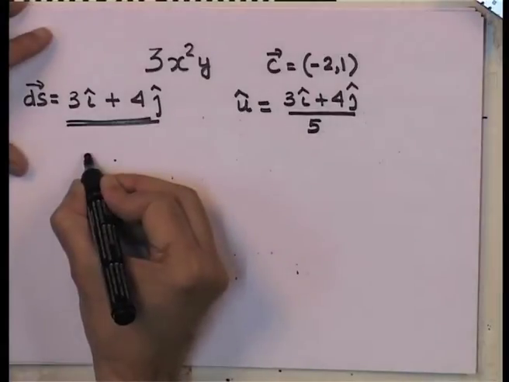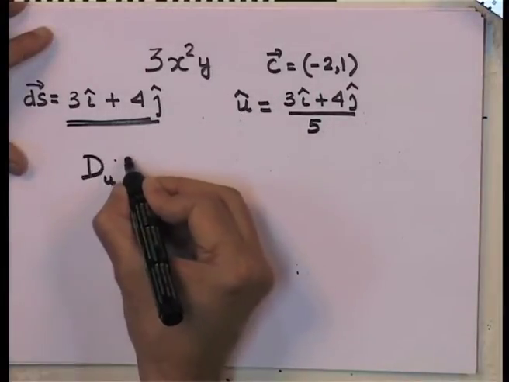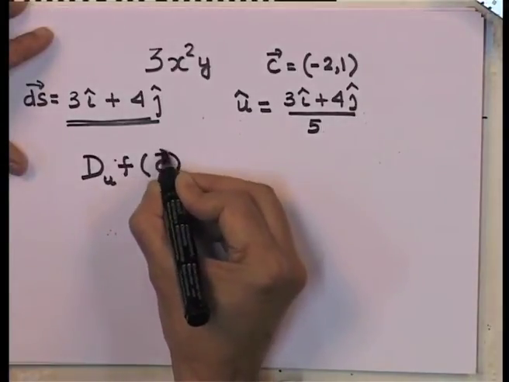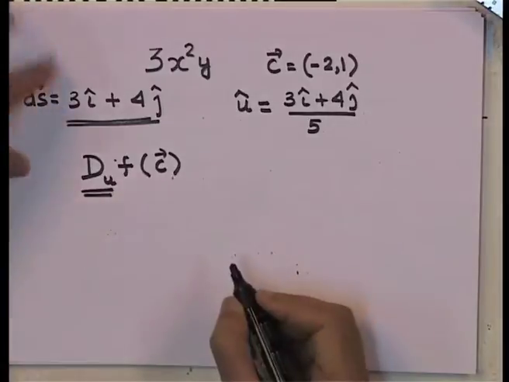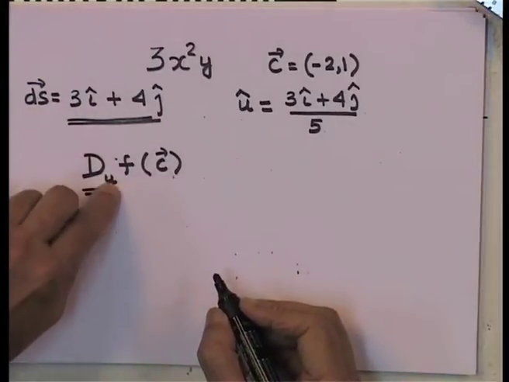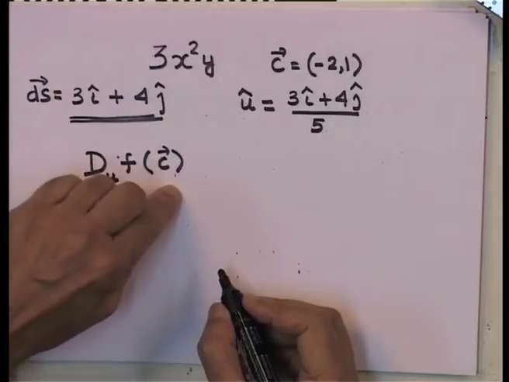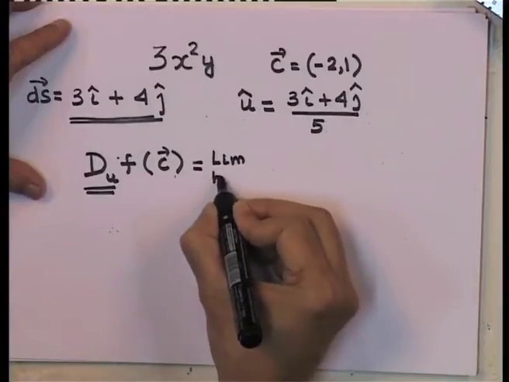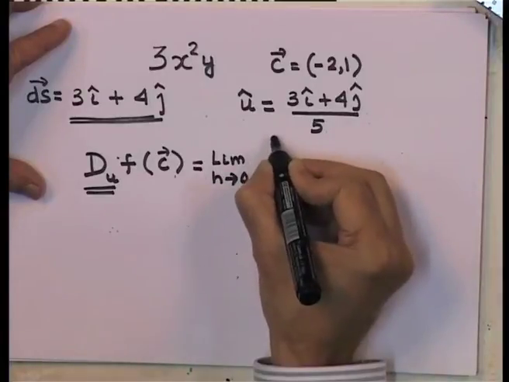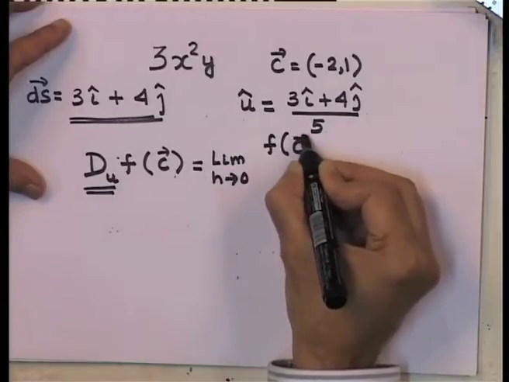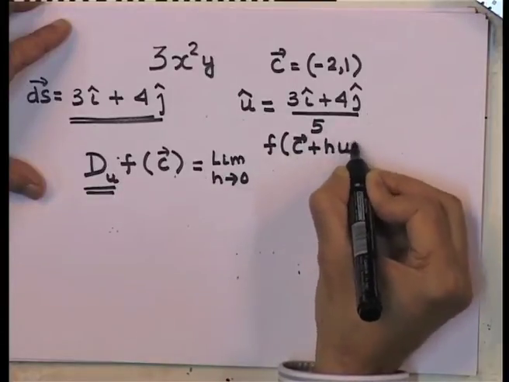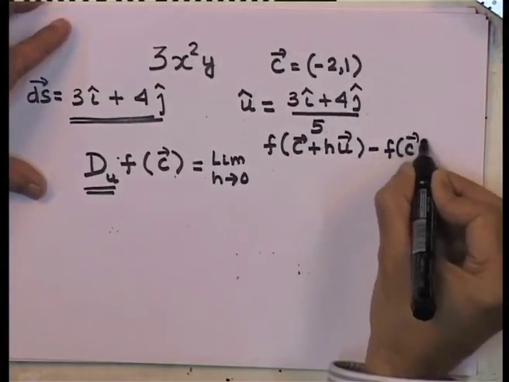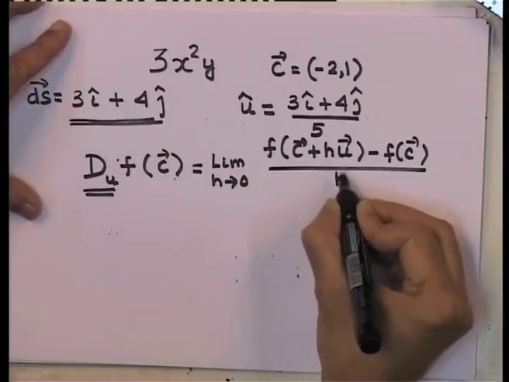Now, what is the directional derivative of f at this point c? This is a notation which mathematicians use: directional derivative along the direction u of the function at the point c. Now, from first principle, this is limit h going to 0 of the value of the function at c plus h u, minus the value of the function at c, divided by h. Now, u is a vector.